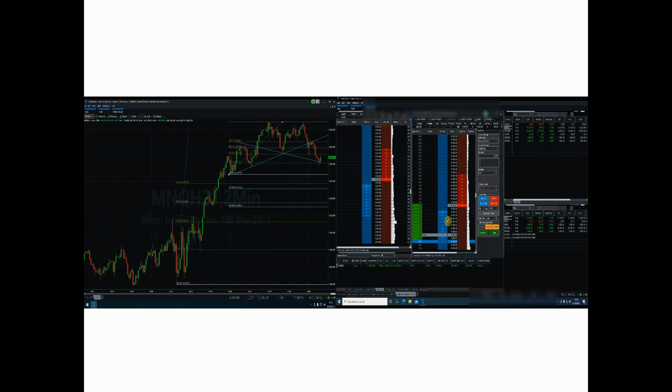There I've cut the waiting time out, but you can see on the chart on the left it's finally bounced and now it's coming up.